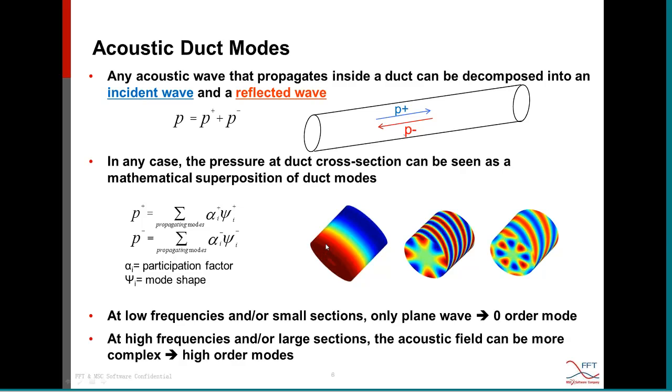So the first picture here shows a plane wave propagation. We also call the plane wave, or plane mode, the zero-order mode. As the frequency increases, or as the cross-section gets larger, then acoustic duct modes of higher order will also be able to propagate. So the second image and the third image show the pressure field of high-order acoustic modes.